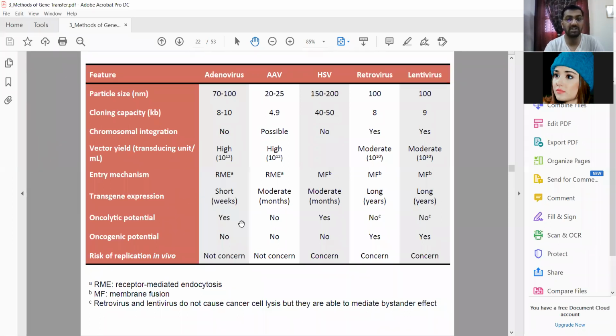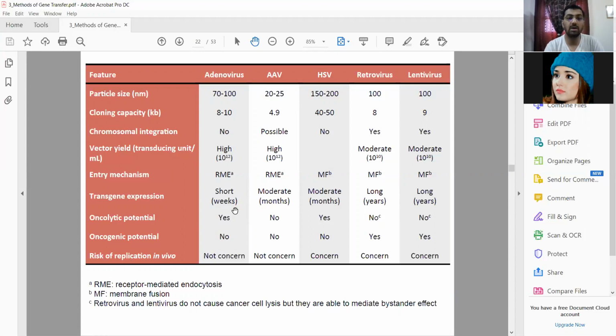If we come to transgene expression, adenoviruses have very short transgene expression peaks, while adeno-associated viruses could go up to months. Similar is the case with HSV. In terms of retroviruses and lentiviruses, we could have transgene expression for years.